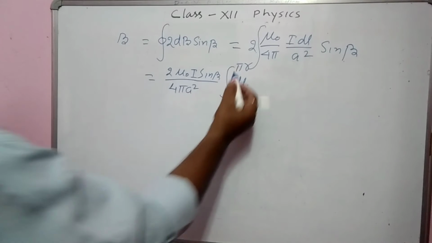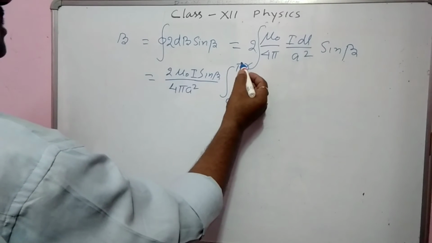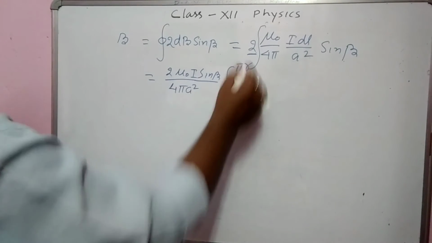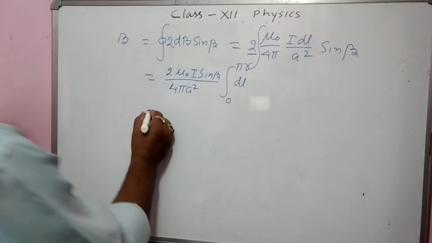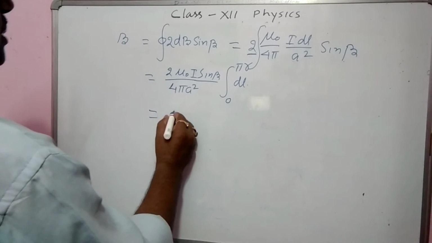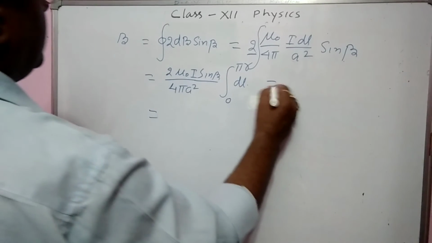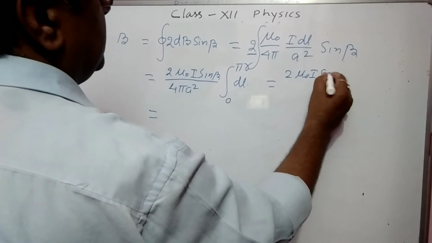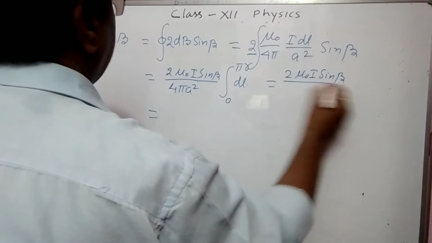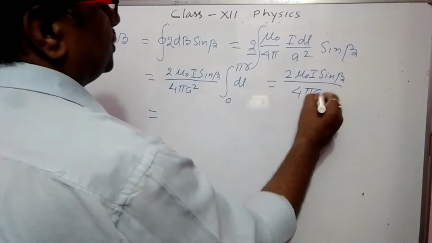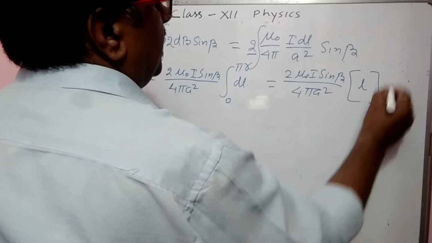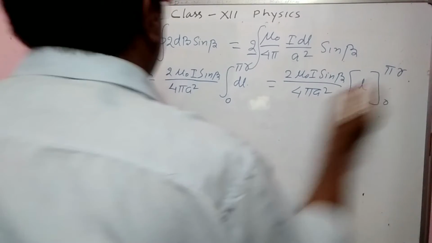Here half of the circumference is taken because the factor 2 is taken here. After integrating, we get 2 mu naught I sine beta divided by 4 pi a square into dl, the integration of dl is L from 0 to pi r.